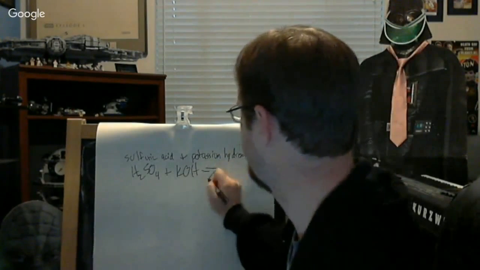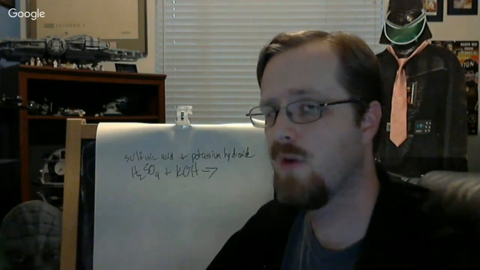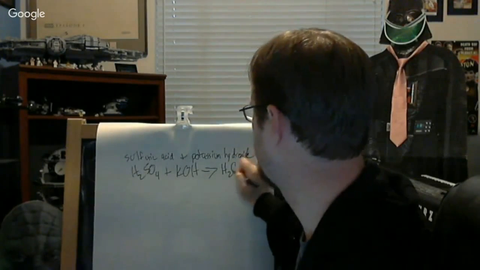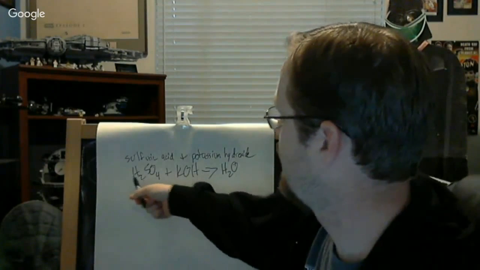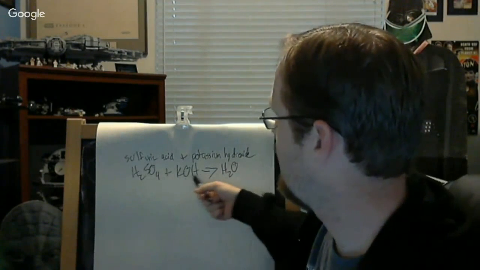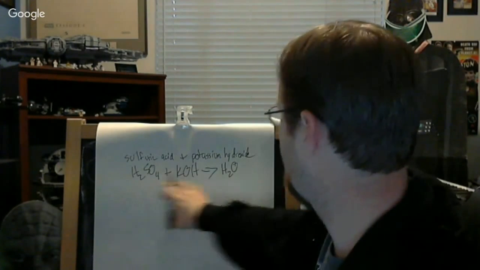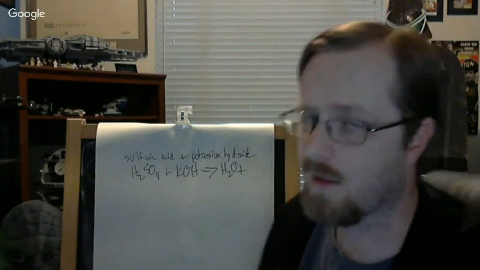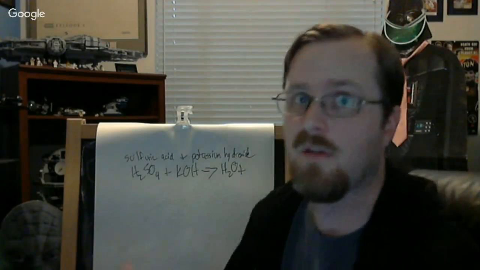All right. Now, in a neutralization reaction, the first product is always good old water, H2O, and that comes from the hydrogen in the acid and the hydroxide in the base. Okay, so those two come together to make water. Then the other product is going to be whatever is left over after the water has been made.